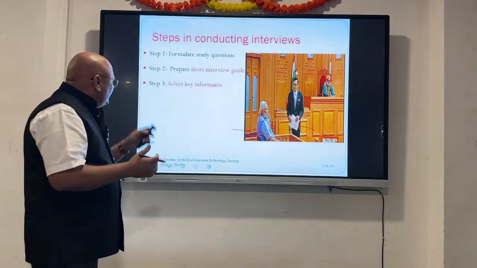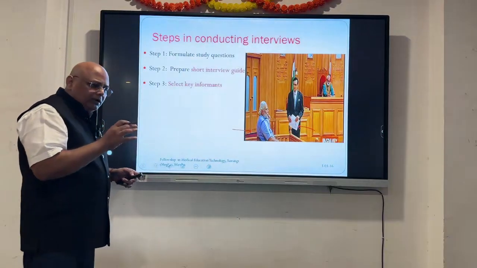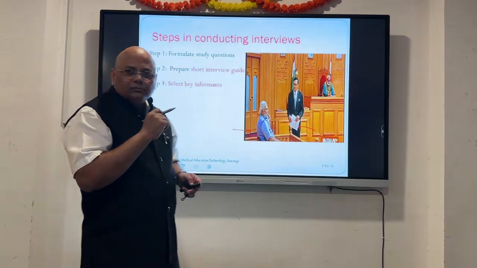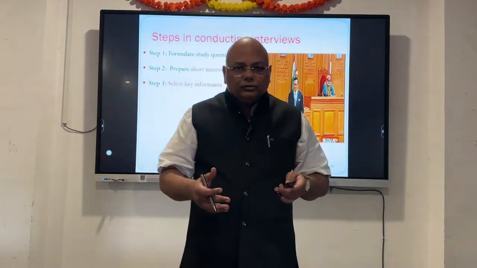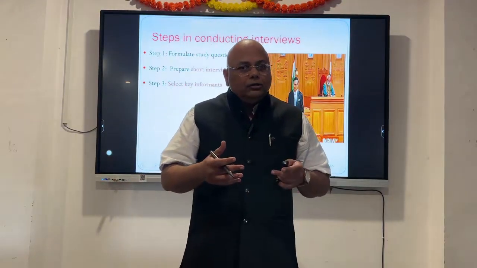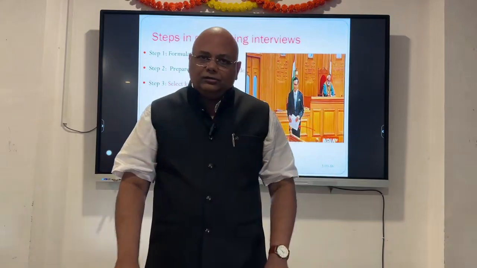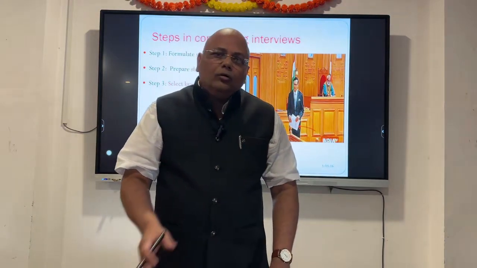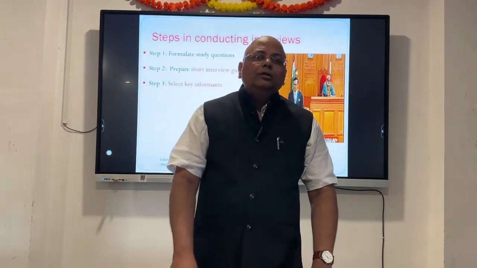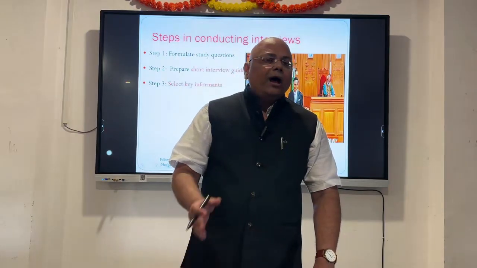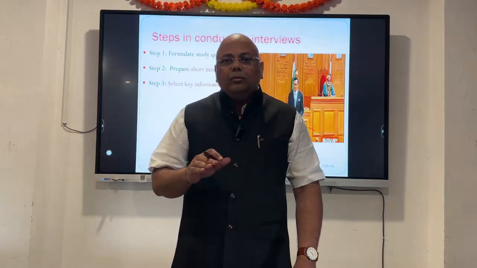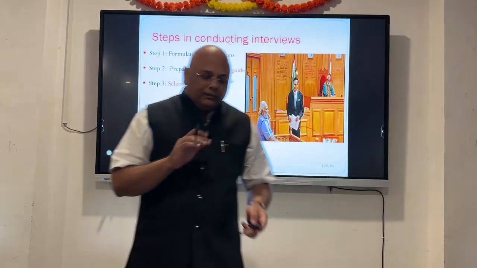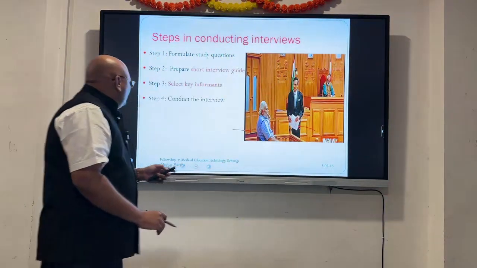So he has selected really the key informants. What does it suggest for us? Suppose I want to analyze the slow learners or potential learners, then I should not ask the questions to the rapid learners. I should ask the question to that particular student who has scored less or maybe has failed in the examination. That is what is key informant.